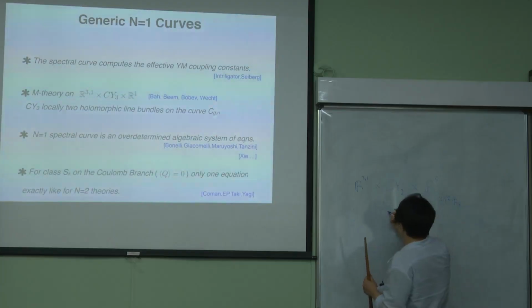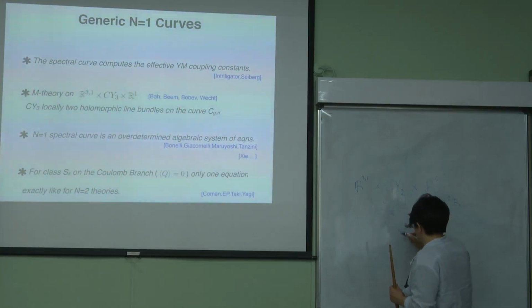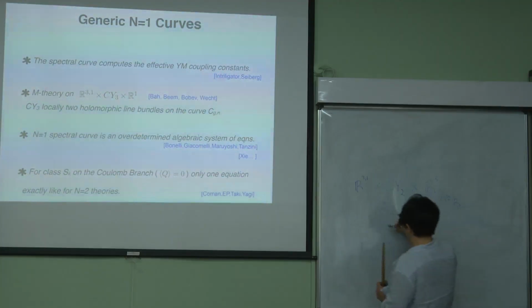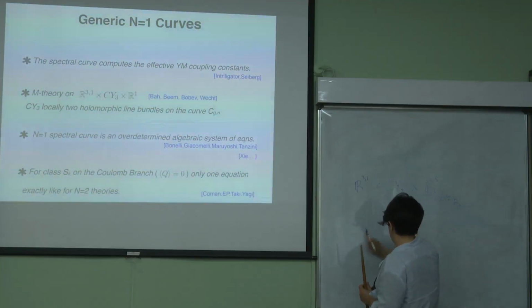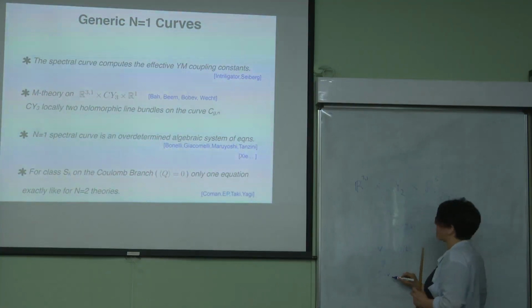And this is the cotangent bundle on your curve. By the way, remember that this is where the meromorphic differential lives. And to make the cotangent bundle, I add to it this coordinate V, so I have a line bundle that is labeled by V.